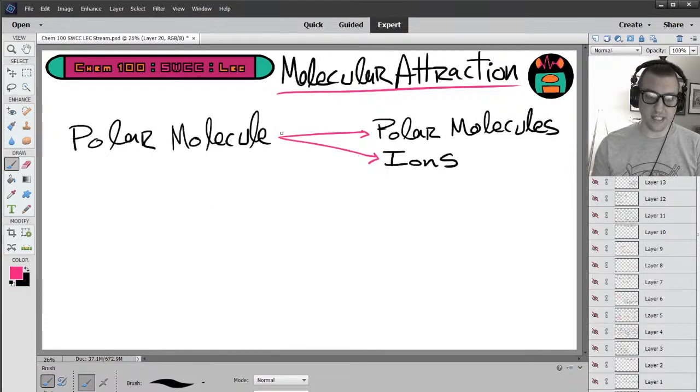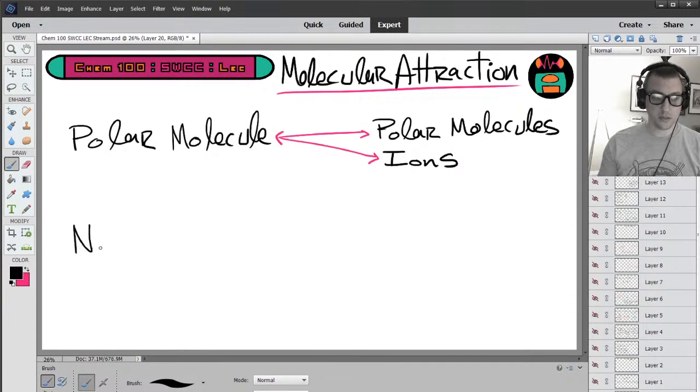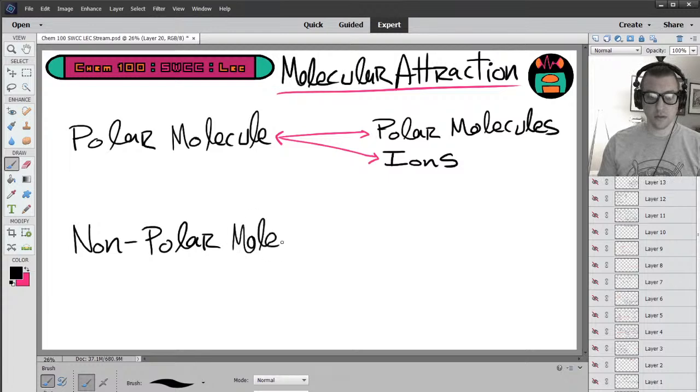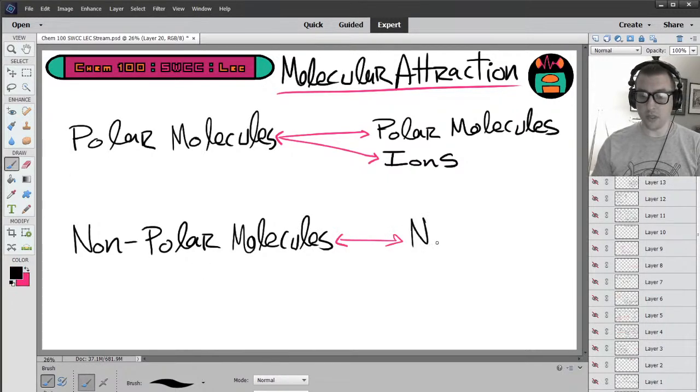And vice versa: ions and other polar molecules are attracted to polar molecules. Non-polar molecules are only attracted to other non-polar molecules.